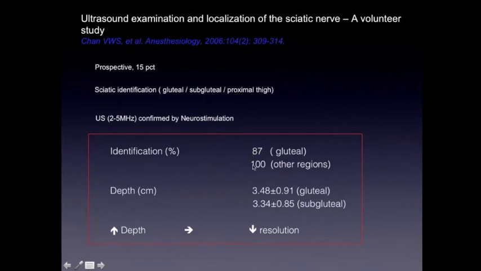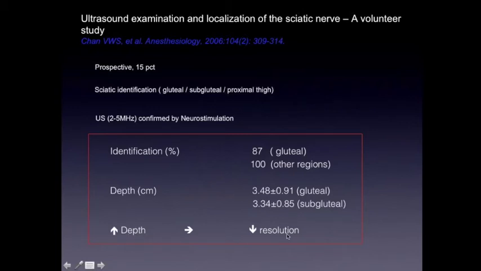In 100% of the cases, the superficial regions made it possible to depict the nerve clearly, and in the gluteal, the deeper one, it was possible only in 87% of the cases. And this validates the correlation that we already had in mind: the greater the depth, the worse the resolution.